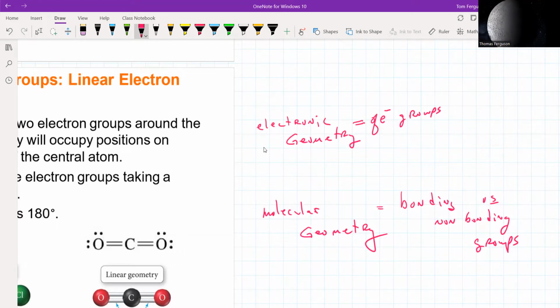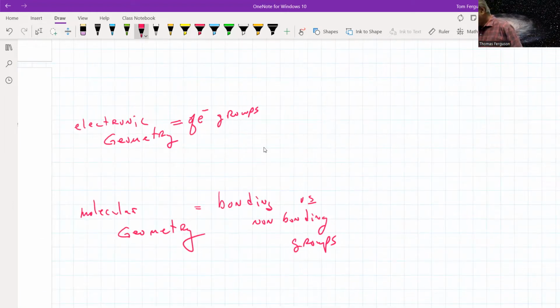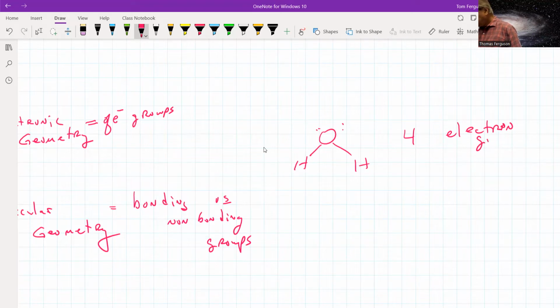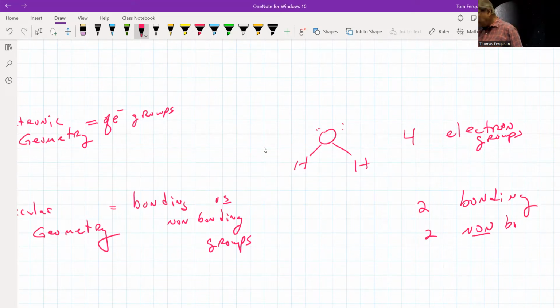For example, water. Water has four electron groups, and it has two bonding, that's the OH, and two non-bonding.